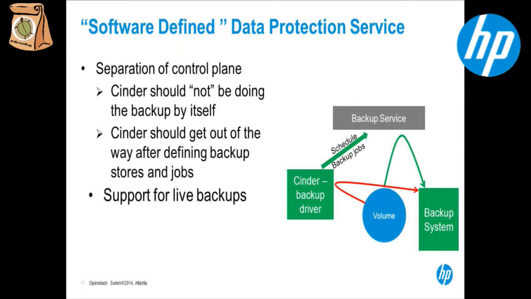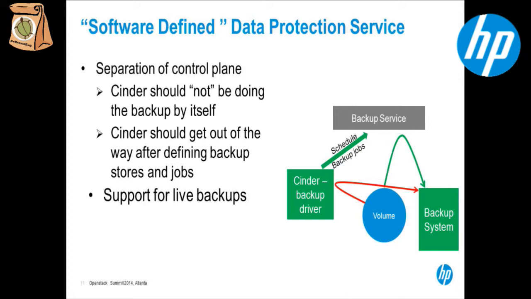When we talk about OpenStack in general, we talk about software-defined everything, right? When it comes to Cinder, it is software-defined storage. A critical component of software-defined anything is separation of the control plane from the actual process itself. But today, that is not the case with Cinder backup. If Cinder backup dies, the backup job also dies with it.